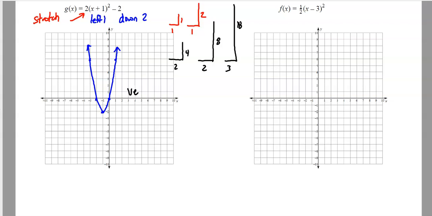So let's answer our questions. Vertex is at -1, -2. Remember, it's opposite, same. This is concave up. This has an axis of symmetry at x equals -1.